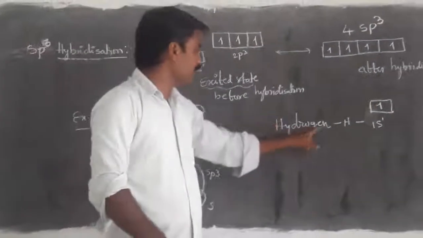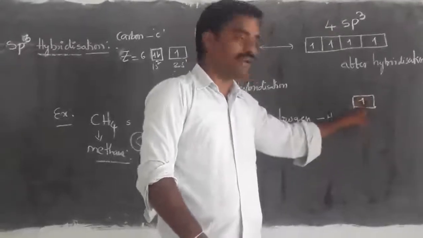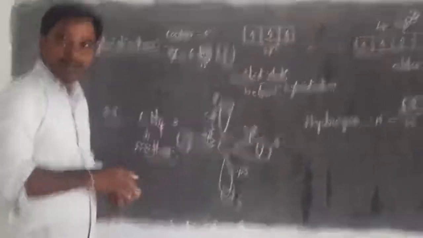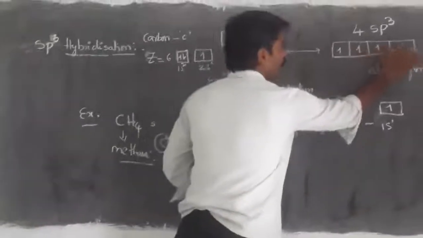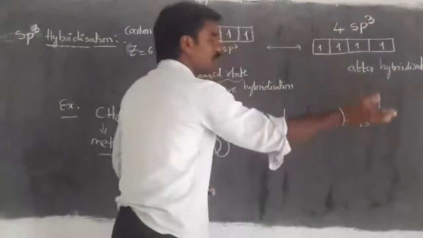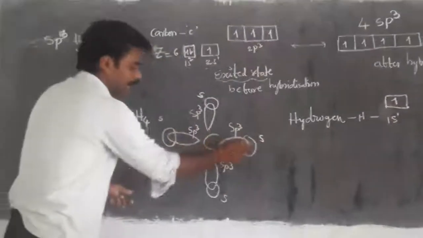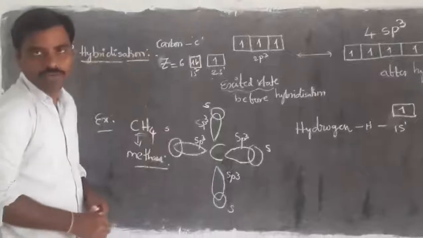Then here I took hydrogen. Hydrogen configuration is 1s1, only one unpaired electron. In the molecule, how many hydrogens are there? 4 hydrogens. Then the 4 unpaired electrons of carbon and the 4 hydrogen electrons are able to combine like this. Then ultimately it forms the methane molecule.